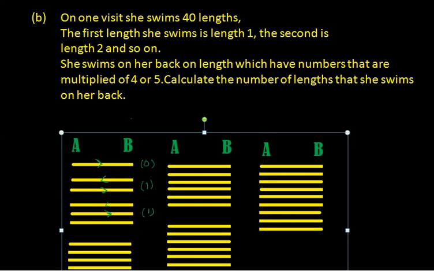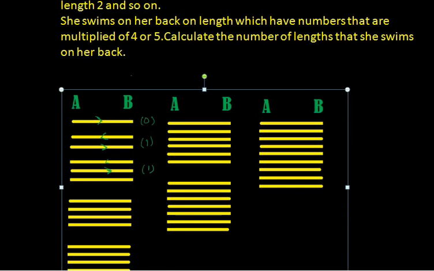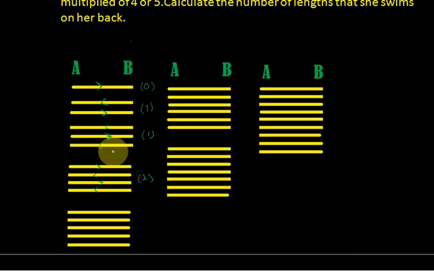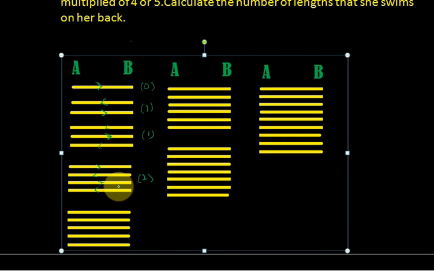So similarly in the fourth length, when she reaches A, she starts from A now, so she starts from A to B and then B to A, so there is 1 back, and then B to A to B there is no back, and B to A there is a back. So there are 2 back when she starts from A to B for length 4.